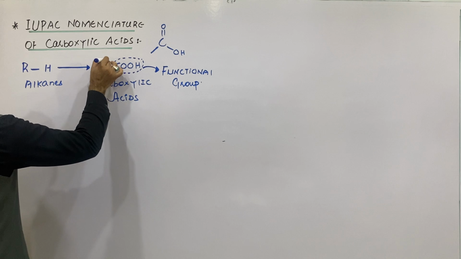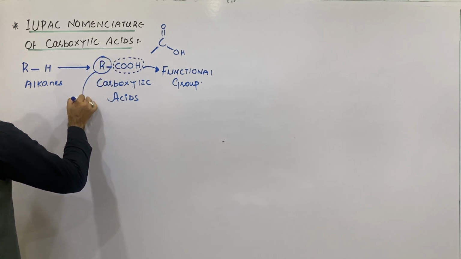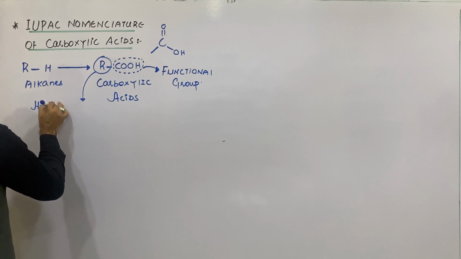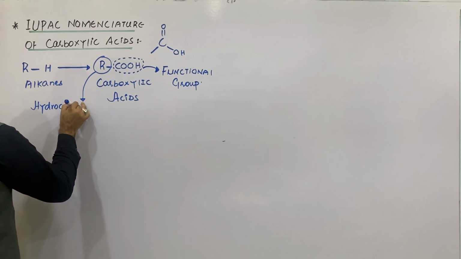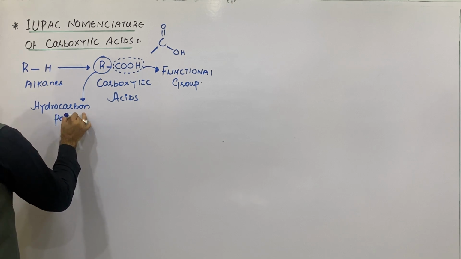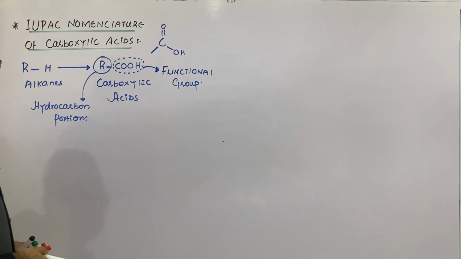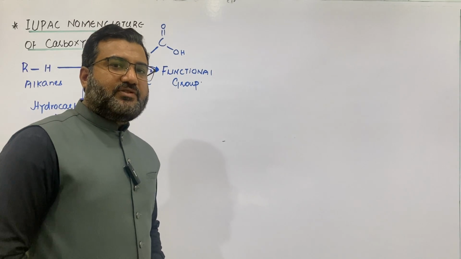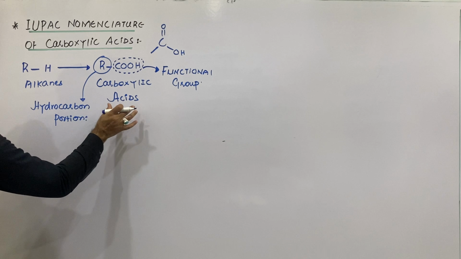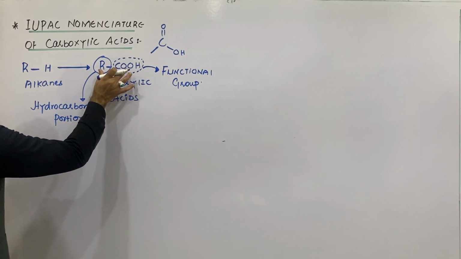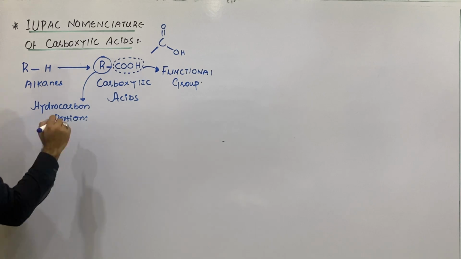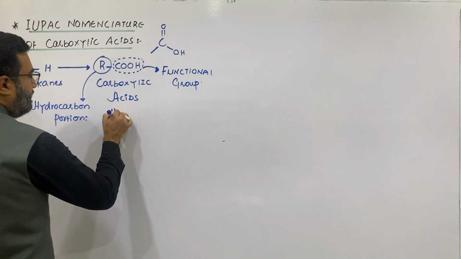And this portion is usually a hydrocarbon portion, of an organic compound if no substituent other than alkyl groups is attached. Carboxylic acid is the common name of this class. Now what should be the general IUPAC name of this class? That is taken from alkanes.